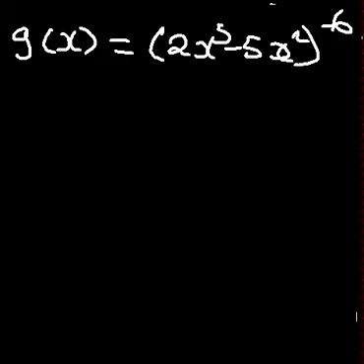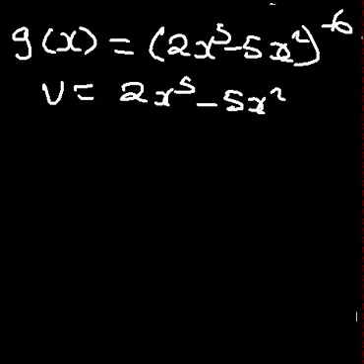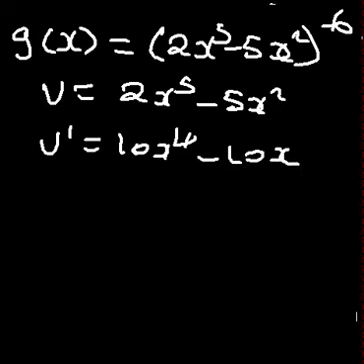In this case, what is the inner function? We'll have v equal to 2x to the power 5 minus 5x to the power 2. And what is v prime? It is 10x to the power 4 minus 10x. And what is g of x prime?